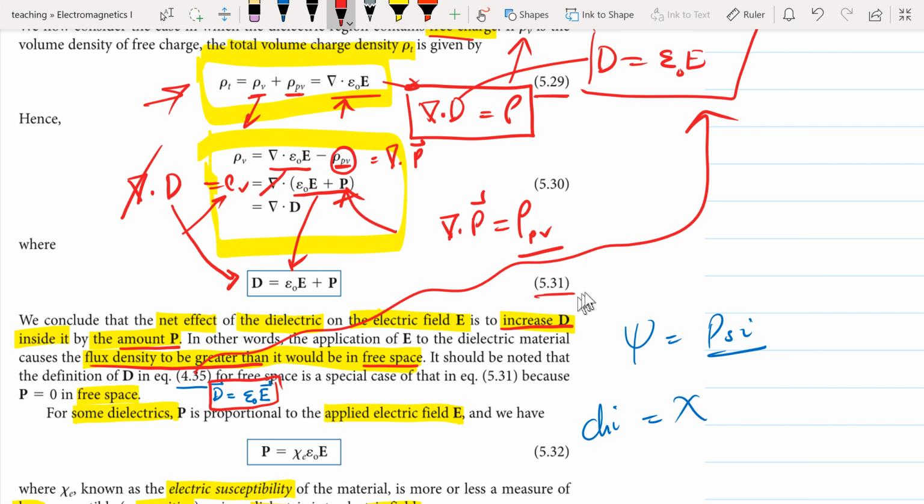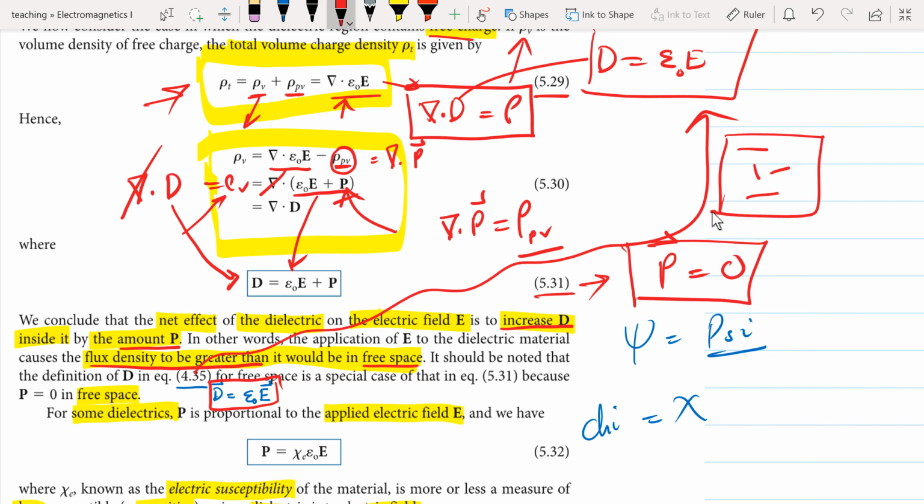And therefore, the general expression of electric flux density is defined as in this equation 5.31, because in free space, the polarization vector is actually 0. In free space, there are no dipoles that are going to be aligned when you apply some field, and therefore this does not happen in free space.